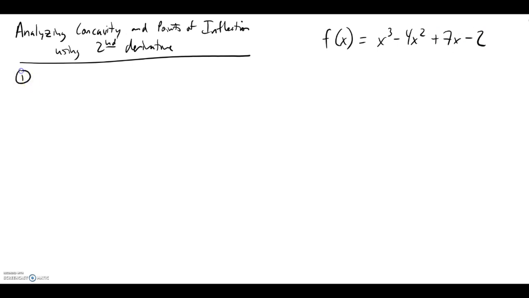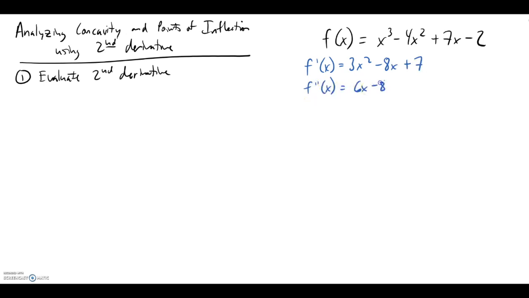And so step 1 to carrying out this analysis will be to evaluate the second derivative. Can't do any analysis with the second derivative unless we have it. So our first derivative, f prime, would be 3x squared minus 8x plus 7, just by using the power rule. And our second derivative would become 6x minus 8.